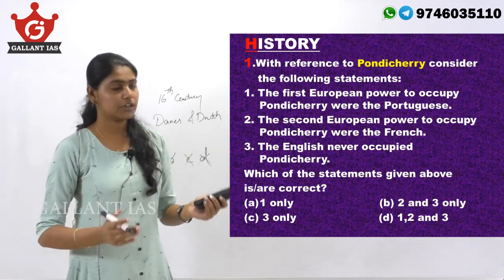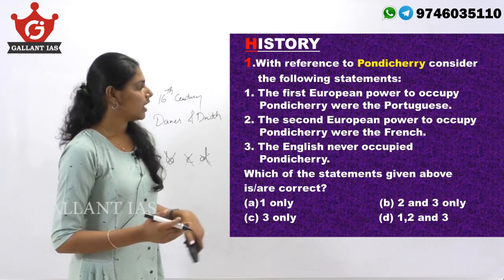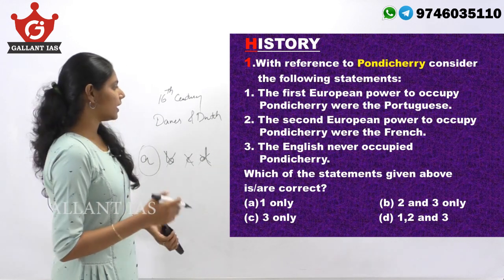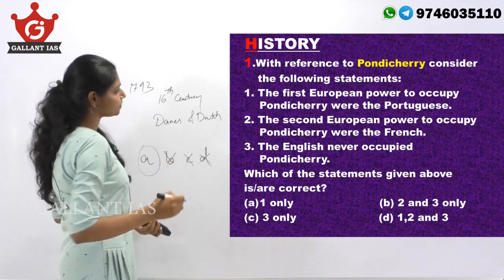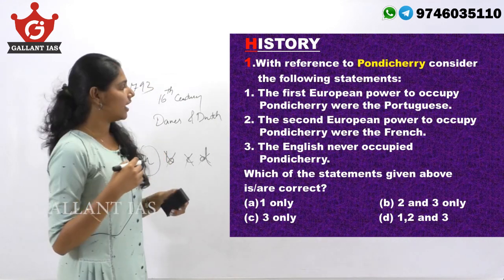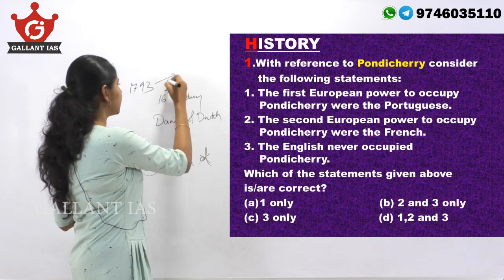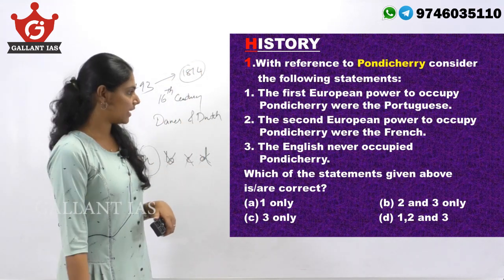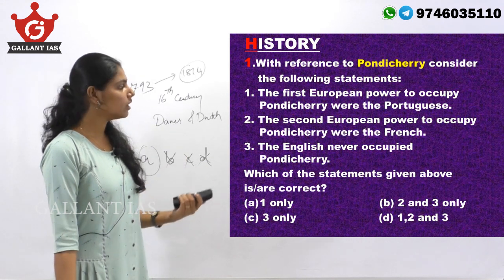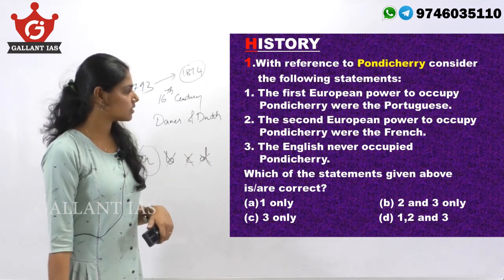It's wrong. The English occupied Pondicherry in 1793 and it was given back to the French in 1814 under the Treaty of Paris. So the third statement is also wrong.